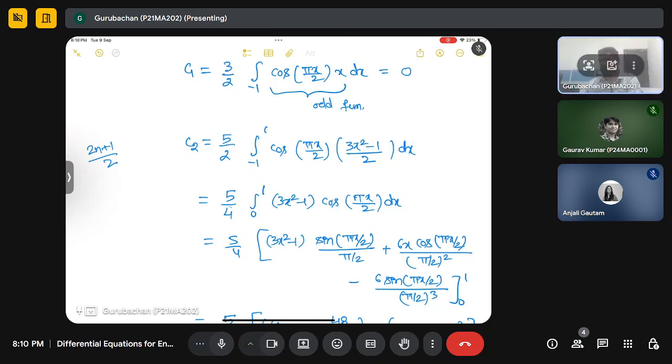So this expression will be nothing but, when you substitute here, it is 5 by 2. So minus 1 to 1. From here there is one more 2, so there is one less 2 here.